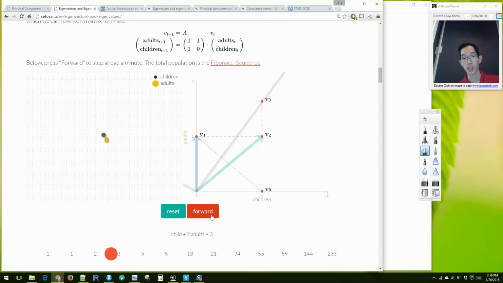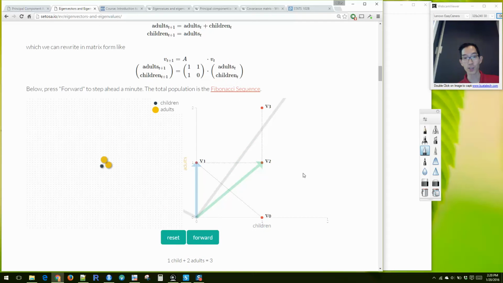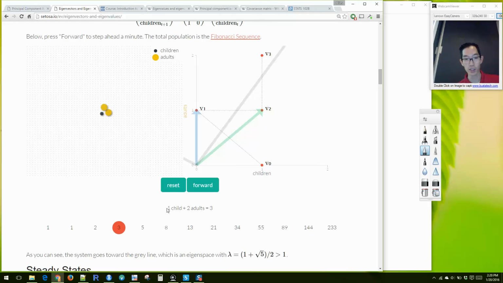In the next step, that child will have grown up, so we'll have 2 adults, and that adult in the previous generation has another child. And so after 3 iterations, we have 1 adult, 2 children, equals 3.